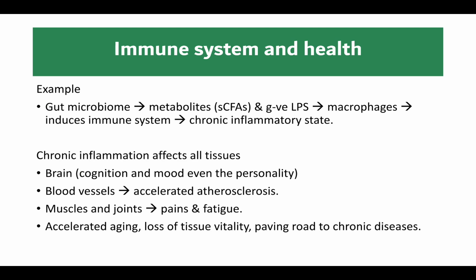For example, we will go to the gut, the intestine. The gut microbiome, the bacteria that live in the colon. These bacteria can be healthy bacteria and secrete short-chain fatty acids. These short-chain fatty acids, if the bacteria are healthy, will be supportive to the immune system, and I'm going to tell how.